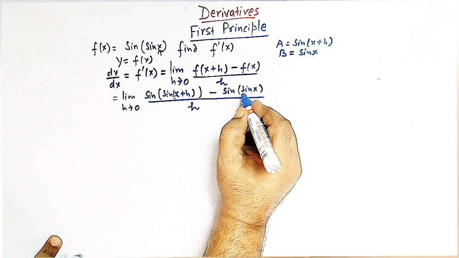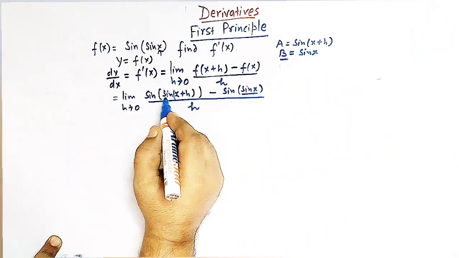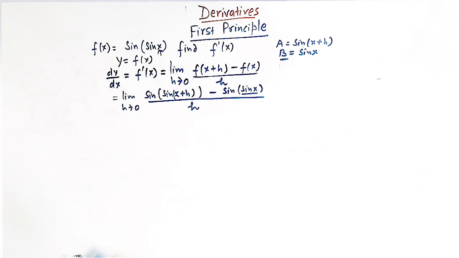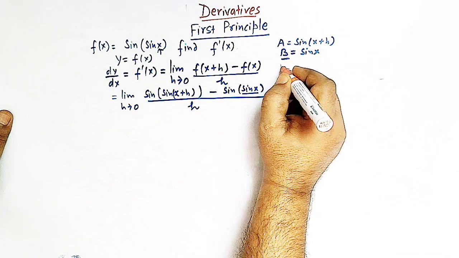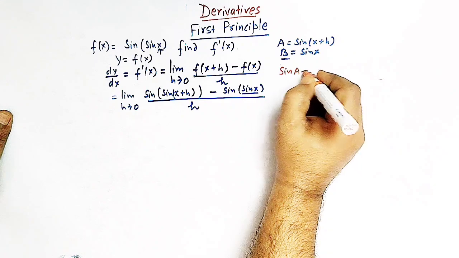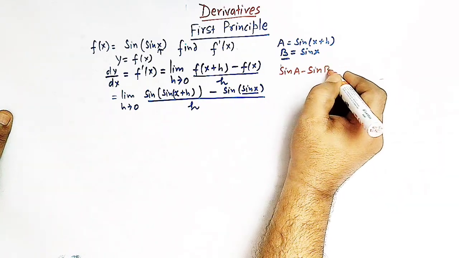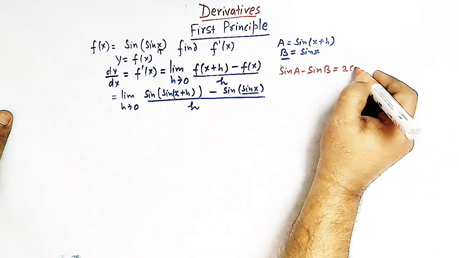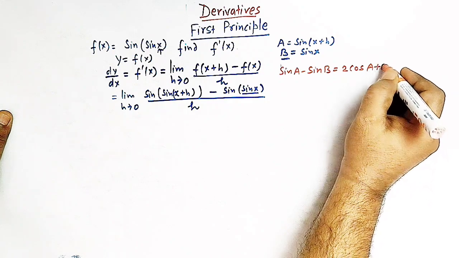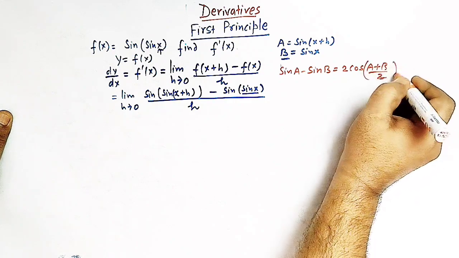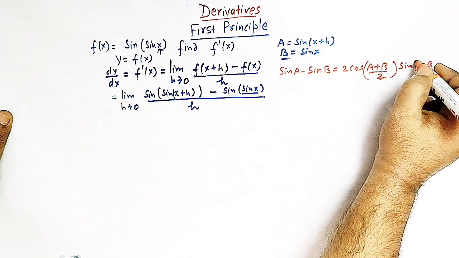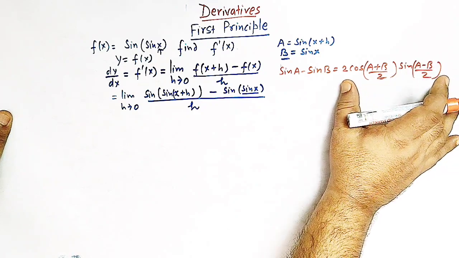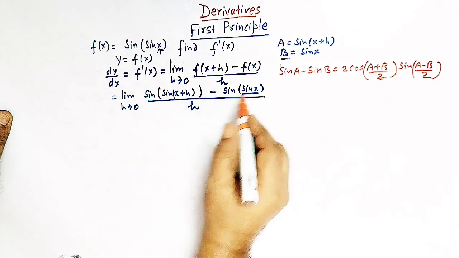So let us take this sine x as B and sine x plus h as A. So now we have this identity, that is sine A minus sine B is equal to 2 times cos of A plus B over 2, and sine of A minus B over 2. So we'll apply this identity to simplify the numerator.